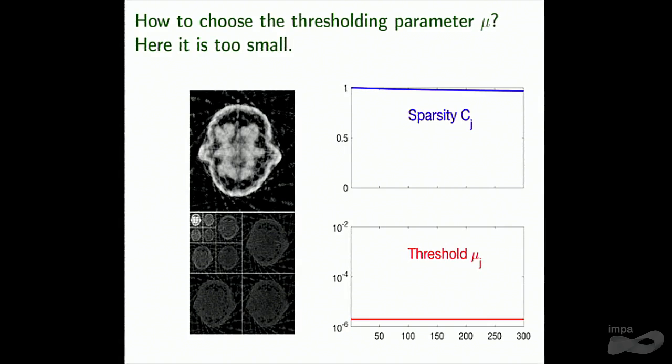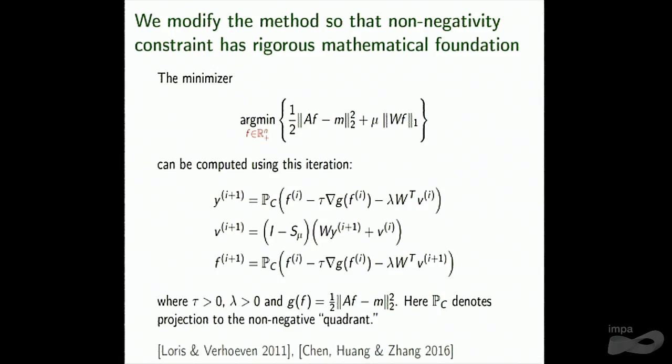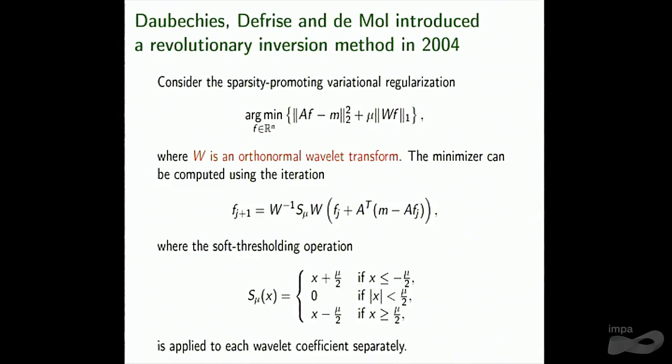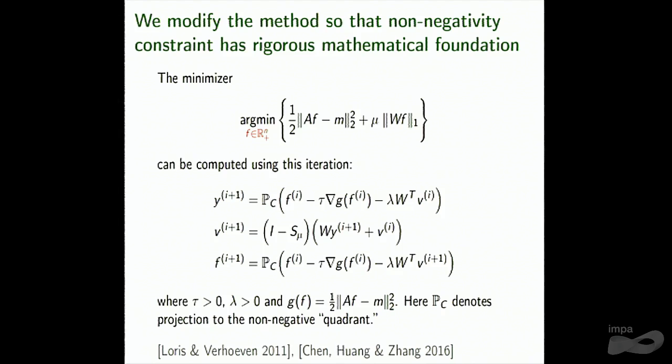So then we are still facing the problem of choosing the threshold mu in the iteration. So you remember, if I go back a little, even here in the Daubechies, Defrise, and De Mol, there is this mu parameter appearing here, which is the soft threshold, and the same operation is used also here.